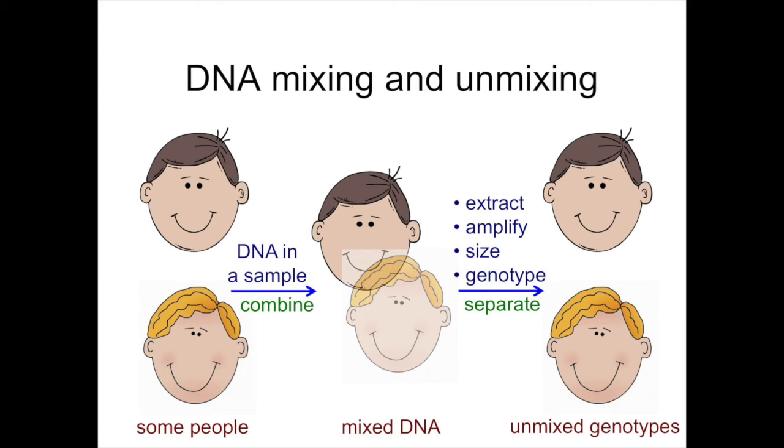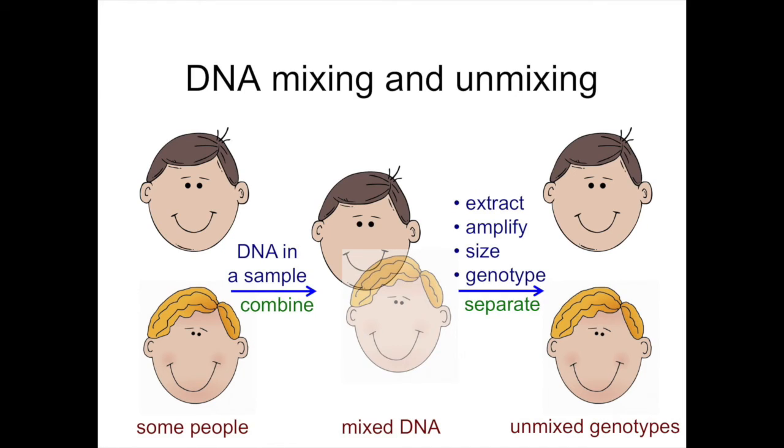What is a DNA mixture? The left of the slide shows multiple people. The middle shows their DNA combining to form a mixed DNA sample. The right shows how DNA science unmixes a mixture. A crime lab first extracts DNA, then amplifies it using polymerase chain reaction, or PCR.